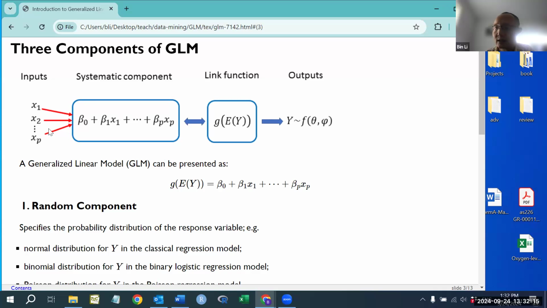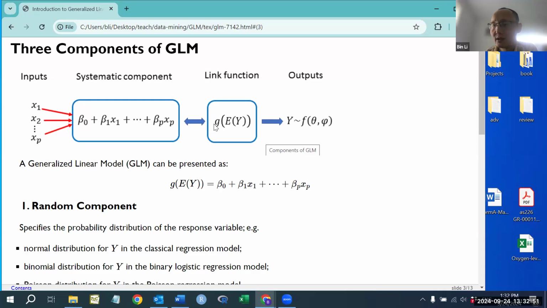It looks like a multiple linear regression. So it's a linear function of the predictor variables. And the connection between the systematic component and the random variable y is through this link function. So the link function is a function with the argument being the expected value of y.